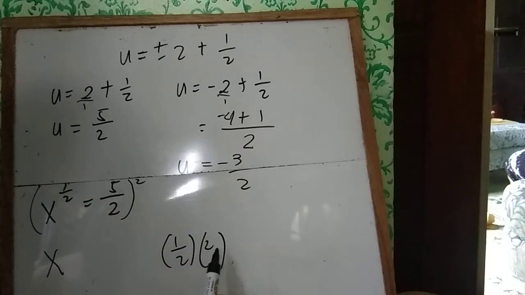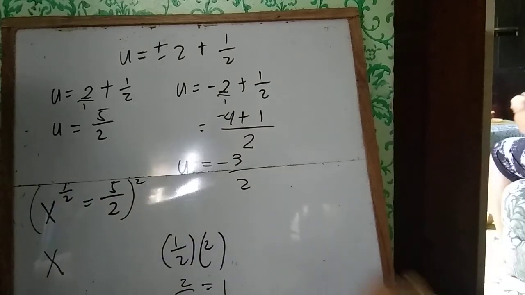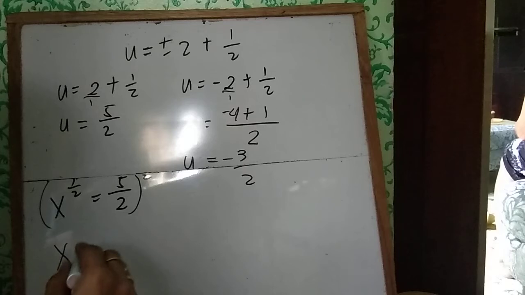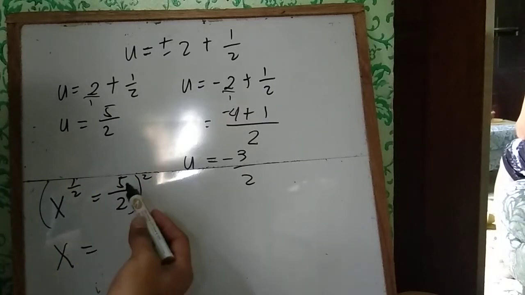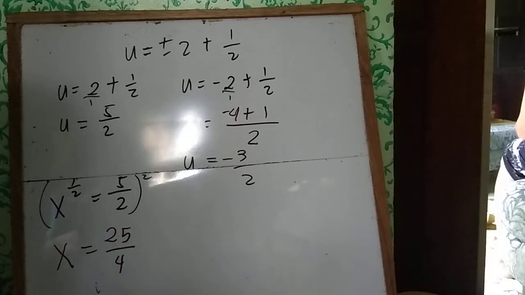So 1 half times 2 is 2 over 2, and 2 over 2 is 1. So x is raised to the power of 1. After that, equals, the 5 over 2 is not an exponent, so we apply it to each part. 5 squared is 25, then 2 squared is 4. So the first solution is x is equal to 25 over 4.